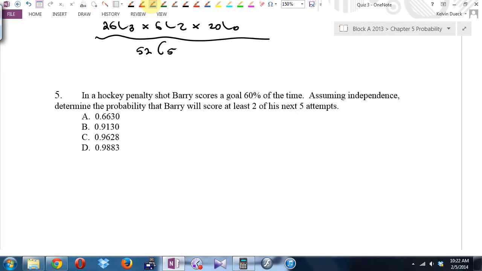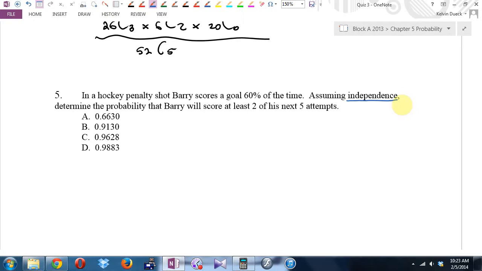Number 5. Two key ideas in number 5. Foster, what word did I underline? What does independence mean? It means the odds will never change. The odds are always going to be 60%, 60%, 60%, 60%, 60%, 60%. Unlike for a card question where every time you pick a card, there's one less card in the deck, and so now the odds have just changed.